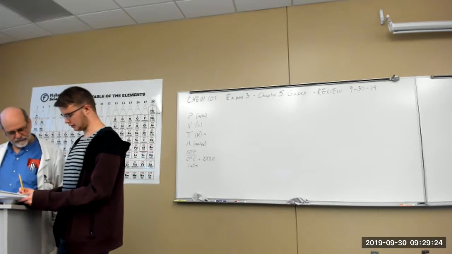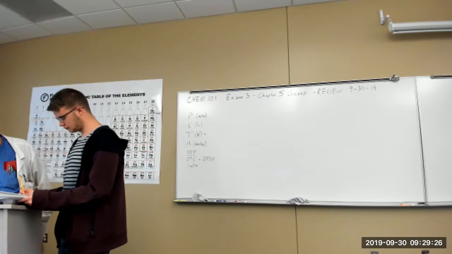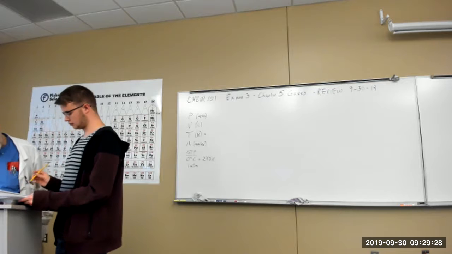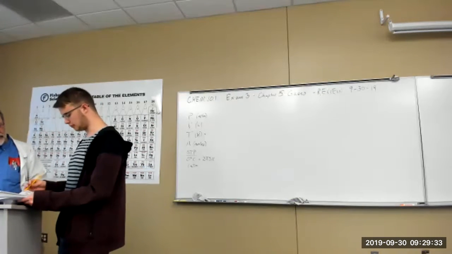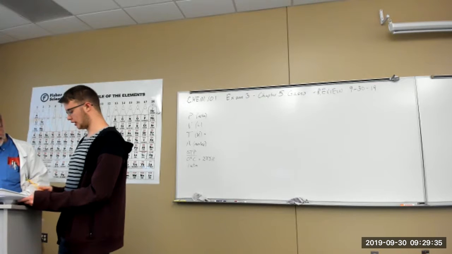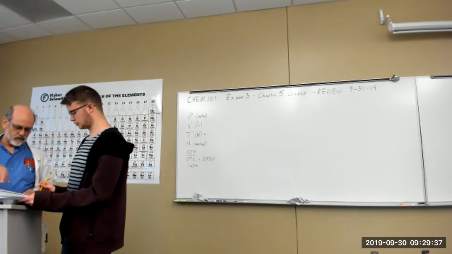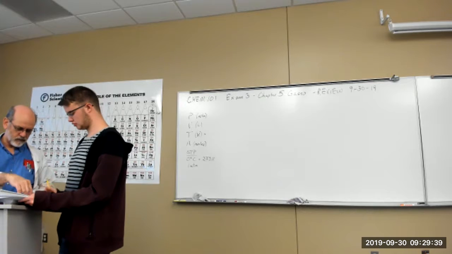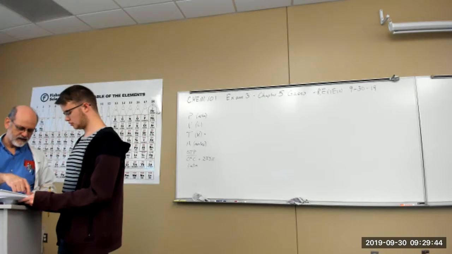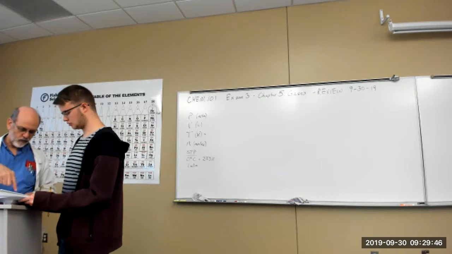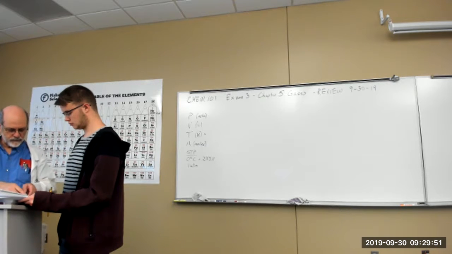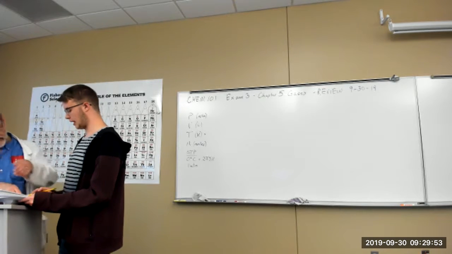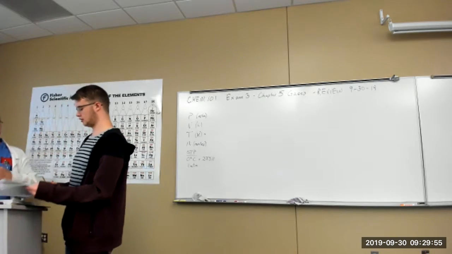Yeah, 1 over that. And that's the same thing in the bottom of this one, because that basically means they're both square root. Right. Okay, and that's why they switch. And then you take the square root of the whole unit, because the square root of this divided into the square root of that is the same thing as this divided into that, square root of the whole thing. Then since they're both inverse, you just flip this one from the bottom to the top, flip that back, and it comes into the numerator. Okay. Yep.